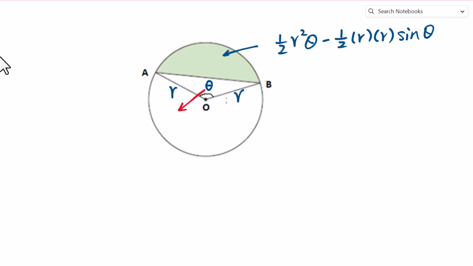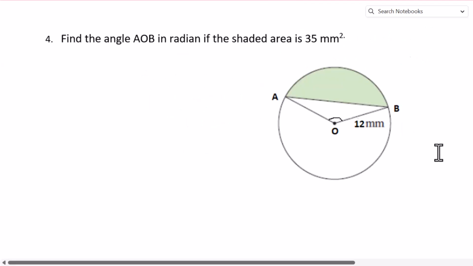Make sure this theta is in radians. Then we can take a common factor 1/2 r squared out: theta minus sine theta. If possible, try to remember this formula.